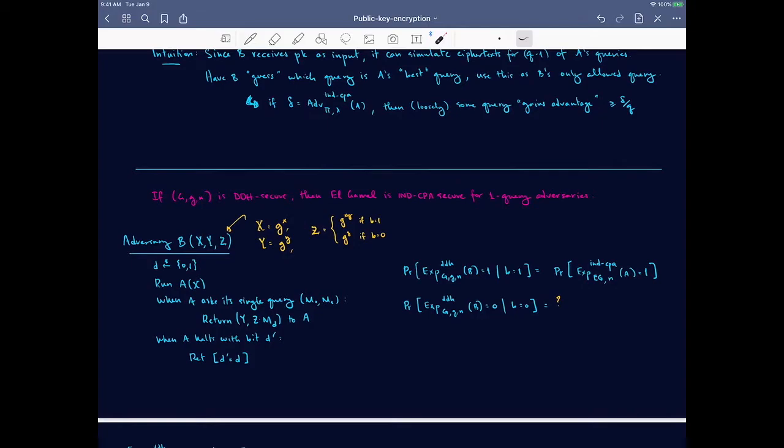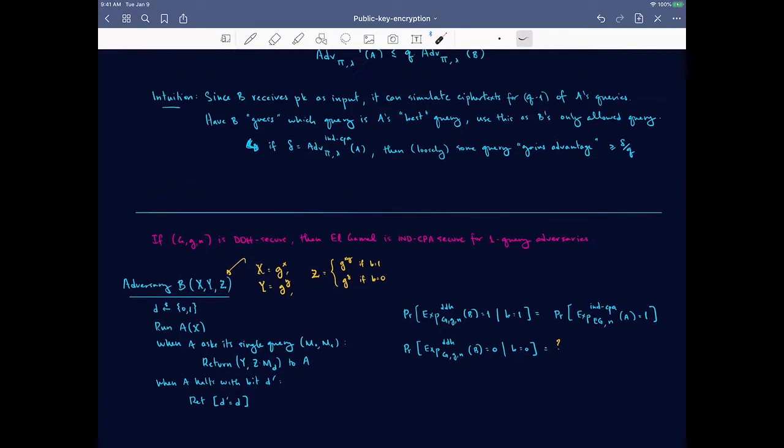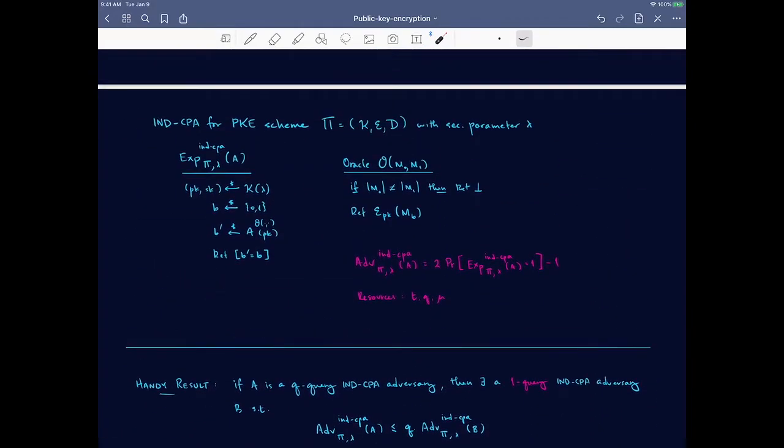So again, what we're going to try to do is perfectly simulate what our one query IND-CPA adversary expects, which is the ability to have a challenge oracle to which it can make one query. So in the IND-CPA experiment up here, it's getting to make one query to this oracle. That's it.